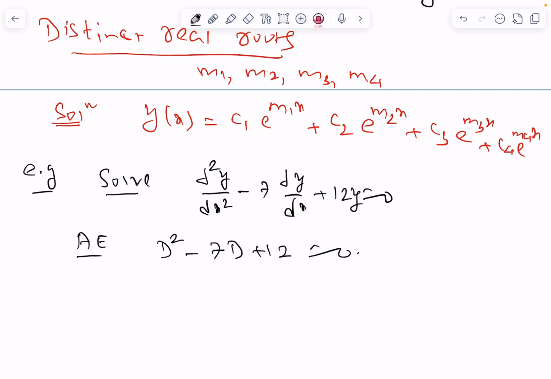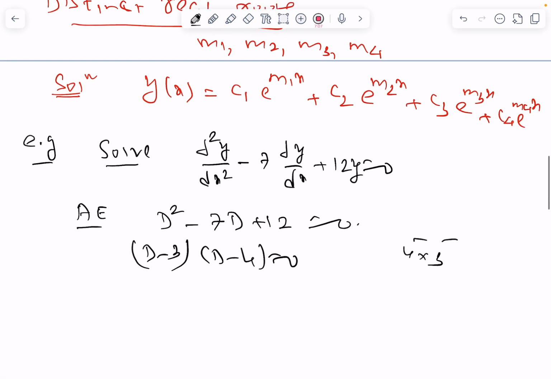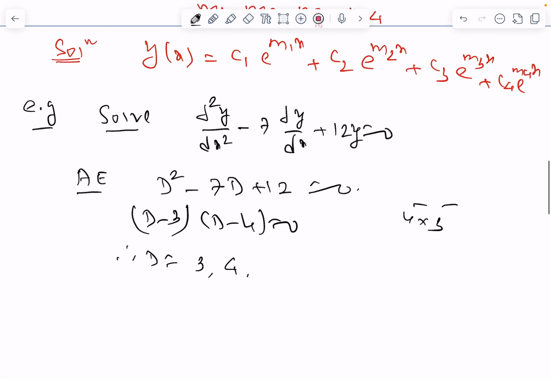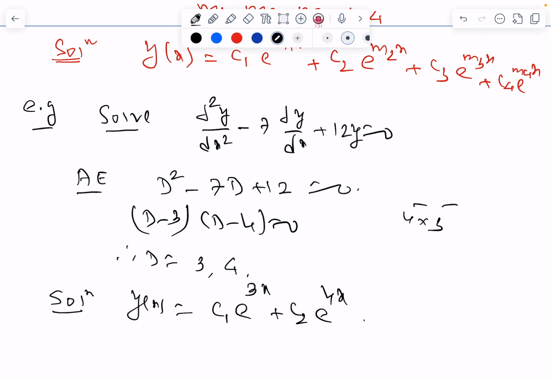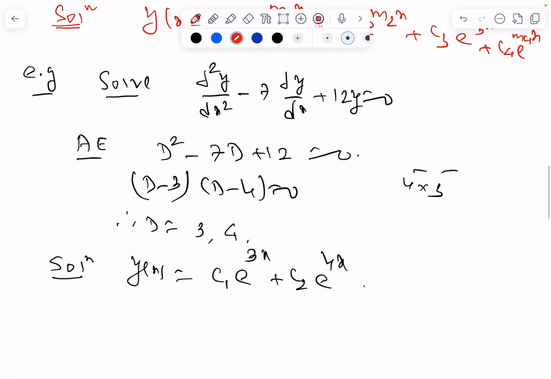Factorize this: 4 threes are 12, so (D minus 3)(D minus 4) equal to 0, and so D equal to 3, 4. So distinct real roots. Then the solution is y equal to c1 e power 3x plus c2 e power 4x. So when we have distinct real roots, we can have the solution like this.